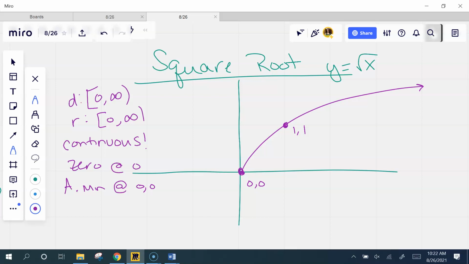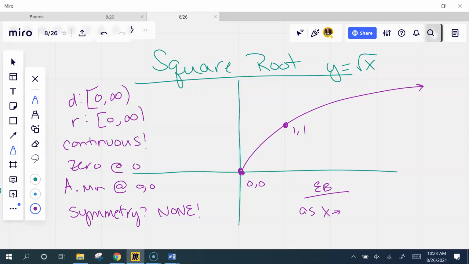Is there symmetry? How about end behavior? None.